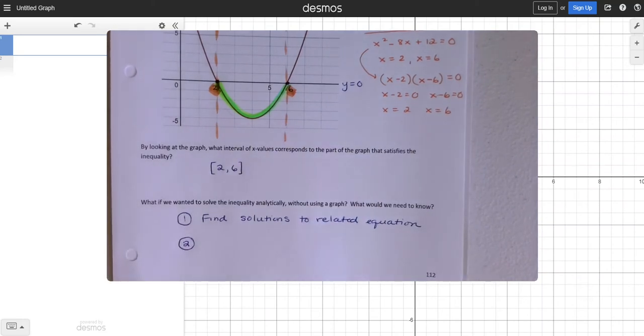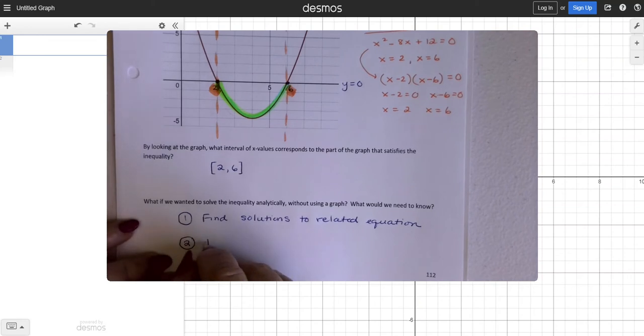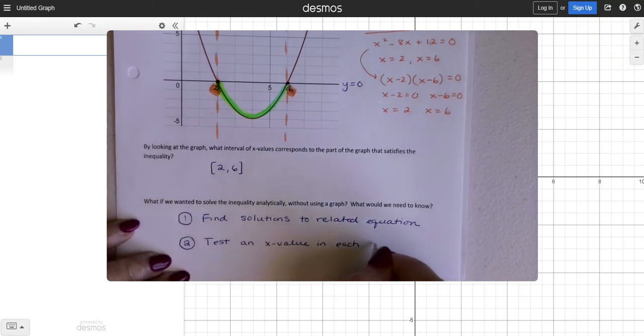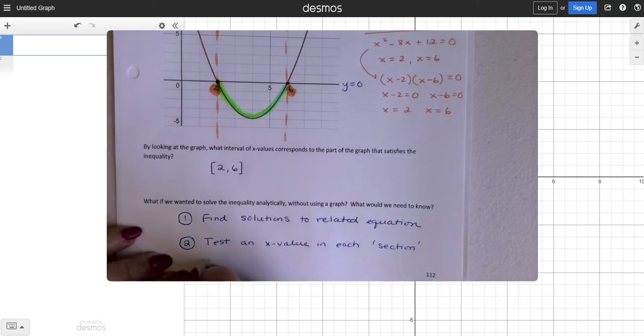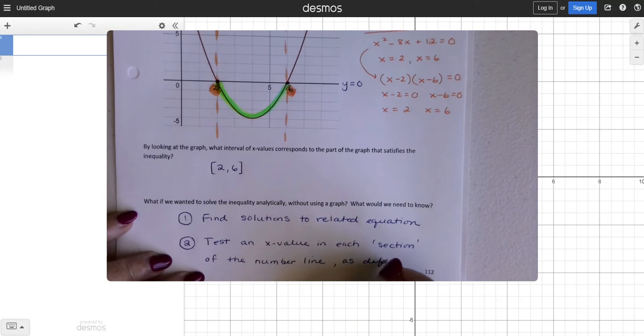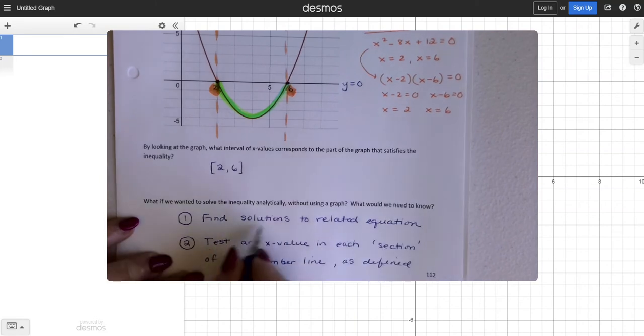And then secondly, we want to test an x value in each section of the number line as defined by these solutions.